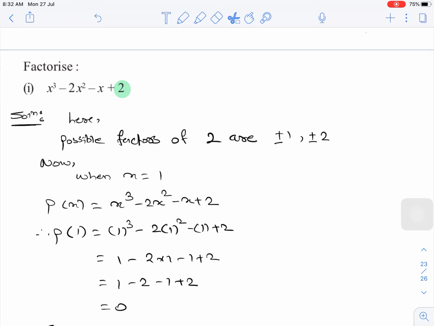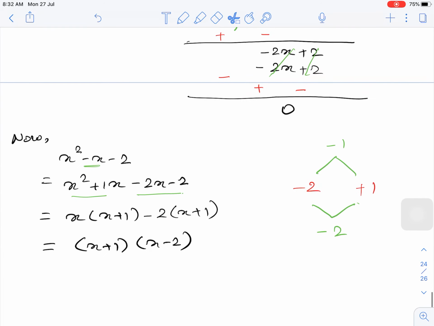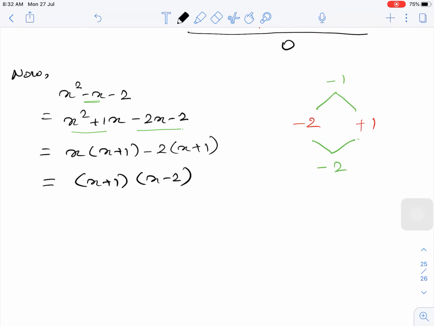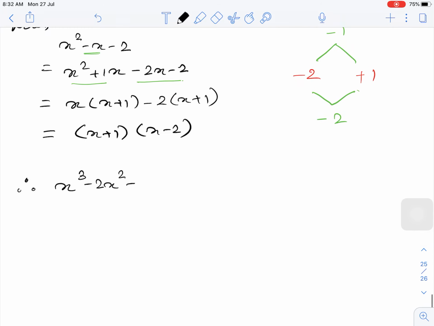Now what we will do is copy this one: x cube minus 2x square, then minus x plus 2 equals to, now what are the three factors?